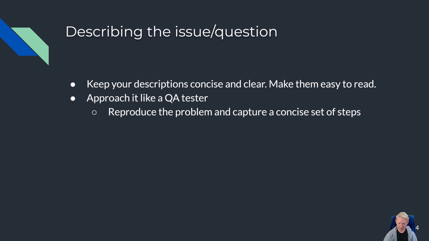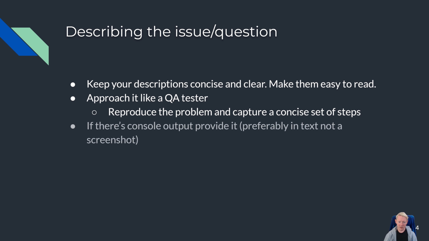So try to reproduce it again and try to get the smallest set of logs that shows the problem, but make sure it's a complete set of logs. With that console output, try to provide it as text, not as a screenshot. A big part of the reason is that a lot of platforms heavily compress images, and it can make them very difficult to read.